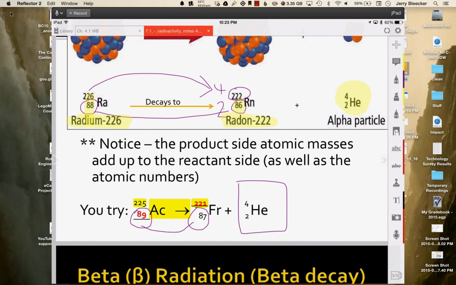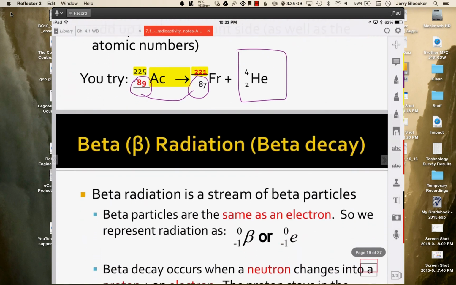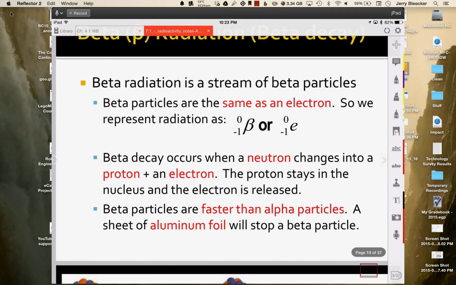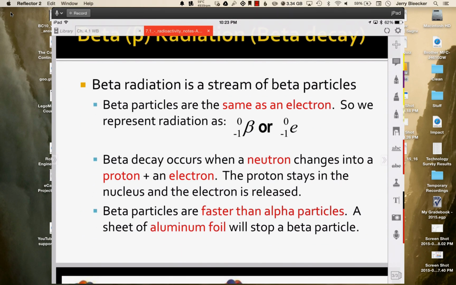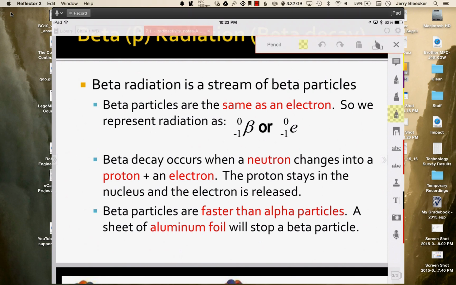And this is something you can pick up with a Geiger counter. Beta radiation. First off, the notation's kind of important. In this case, because an electron goes flying off, it has 0 mass. Down here, you're probably looking for an atomic number. There isn't one.